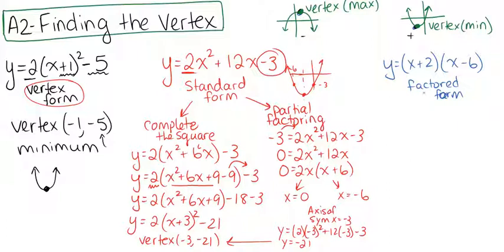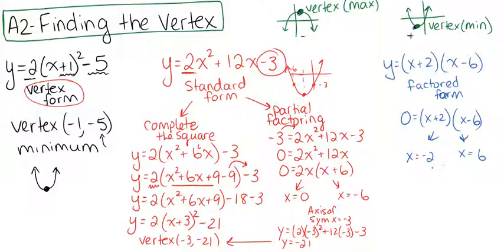Okay, and finally, solving from factored form is actually really similar to partial factoring. So we're actually just going to find our roots by setting y equal to 0. And then I set each bracket equal to 0, which leaves me with x equals -2 and x equals 6. So those are my roots.